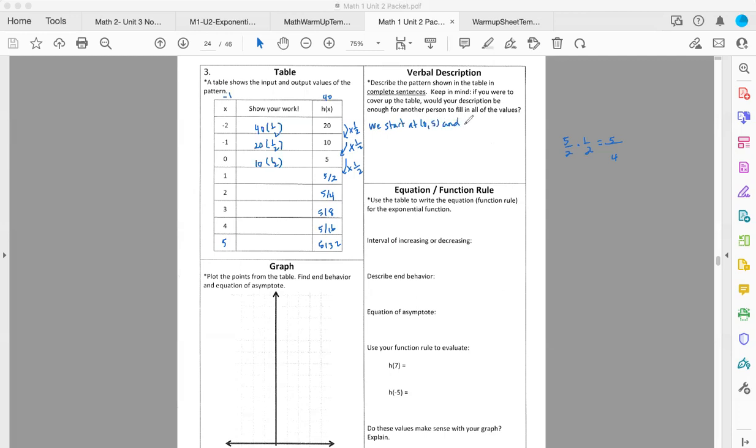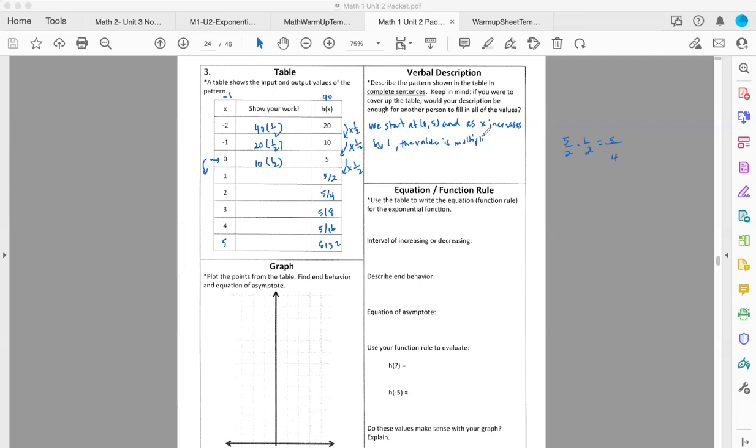Or you can say, as x increases by 1. So from this point here, you started here, and then as x goes up by 1, the y value, from 5 to 5/2, it's getting half.